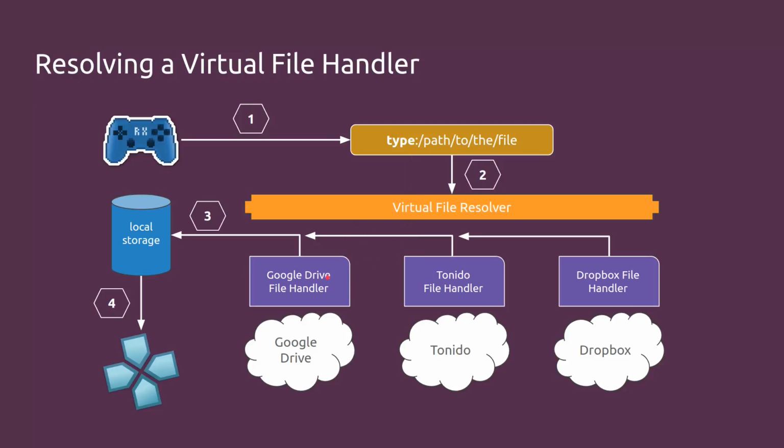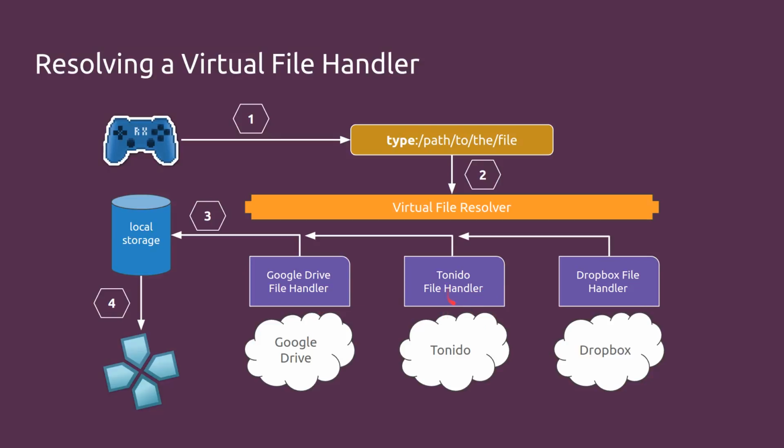For example, there is a Google Drive file handler, a Tonido file handler, a Dropbox file handler, and each file handler knows how to talk with each service. Here you can see that RetroX doesn't access any service. RetroX asks the virtual file resolver, and the virtual file resolver asks a file handler to do the magic.